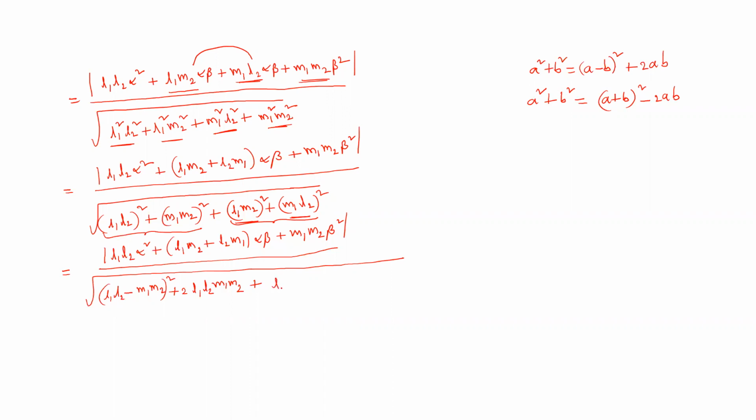So a plus b: L1 M2 plus L2 M1 whole square, minus 2 L1 M2 L2 M1. So here plus term and minus term cancel, because if you rearrange, it is the product 2 L1 L2 M1 M2 only, minus and plus cancelled.